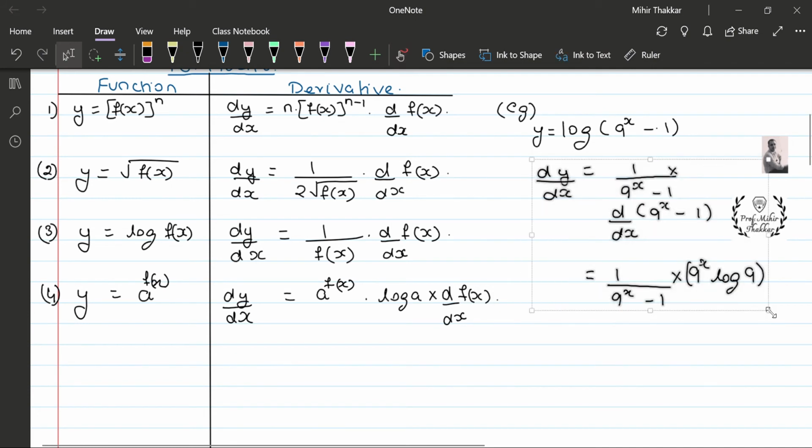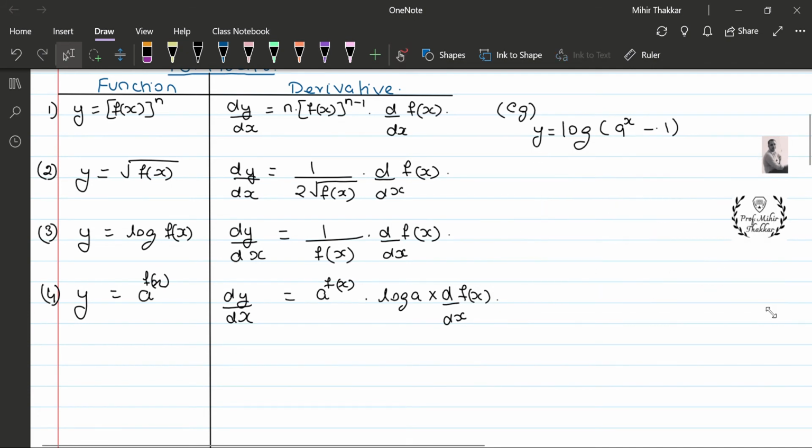Let me take one more example over here. y is equal to 7 raised to 5x plus 2x square.